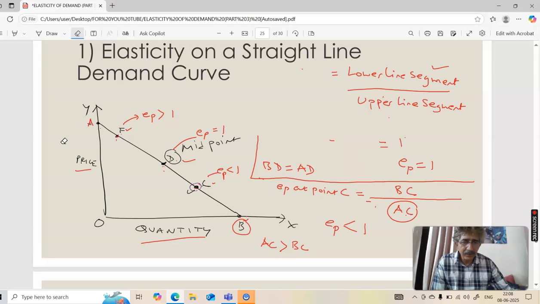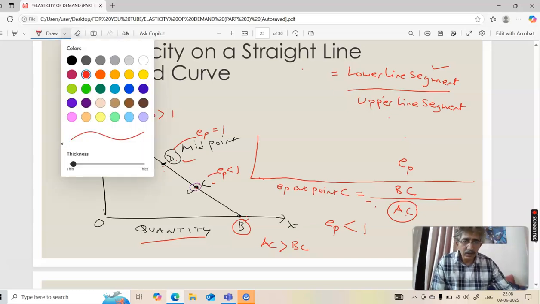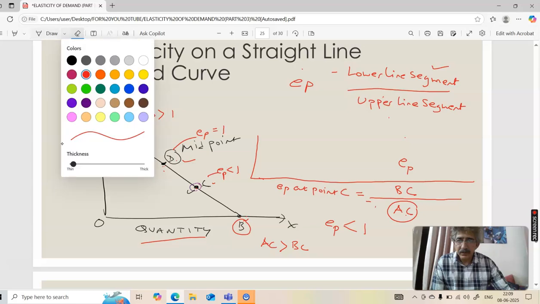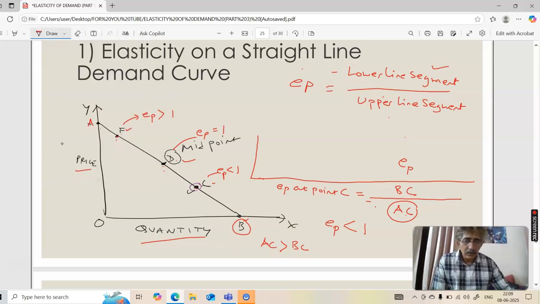I'll solve it here. Okay, children. So EP, the formula is in front of you. Okay. So EP at point B here.